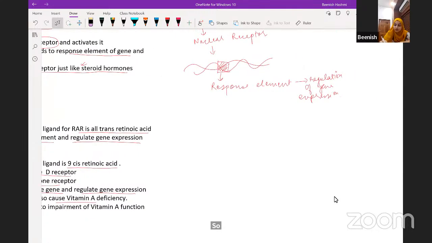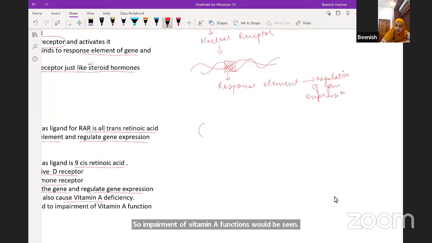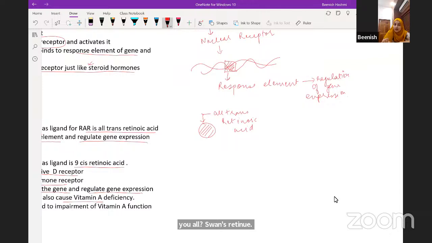I'll explain this more easily with the help of a diagram. Let's suppose this is your all trans retinoic acid. It acts via which receptor? RAR. And for learning purposes, I'll give you a little mnemonic trick.